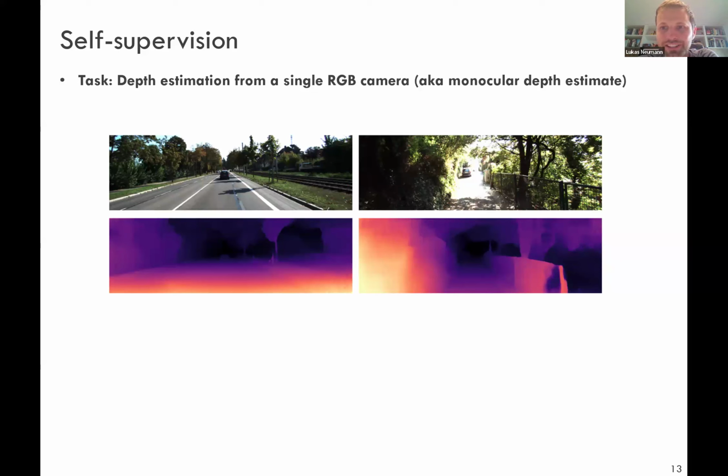The manufacturers of cars tend to save money, so there's only one camera, and we want to create a depth map, which can then be transformed into a LiDAR or pseudo LiDAR, and then the whole story with reasoning in 3D works. So basically, we want to compensate for the fact we don't have LiDAR. We want to create the 3D scene out of a single camera. So this is called monocular depth. It's a problem that is being studied by many different people, by many different labs. By no means are we the only ones looking into it.